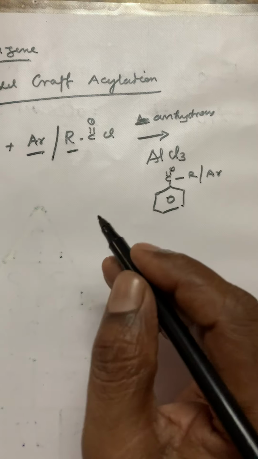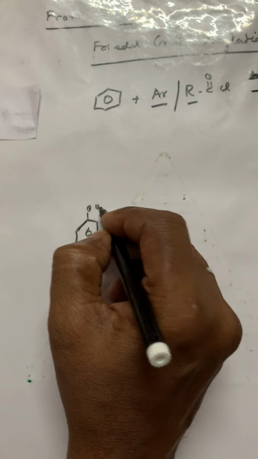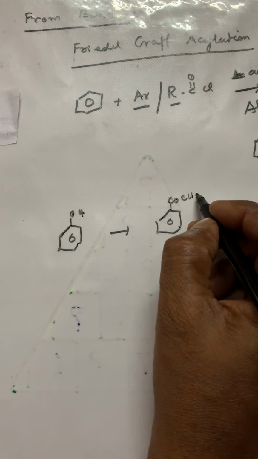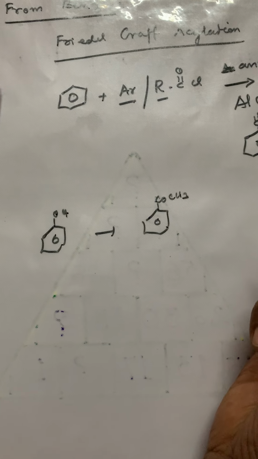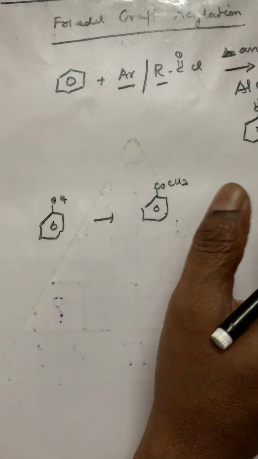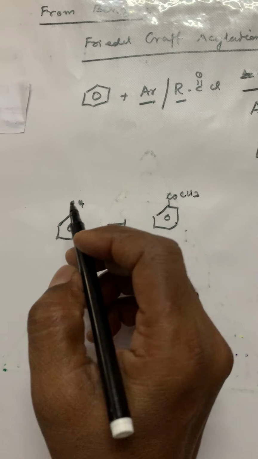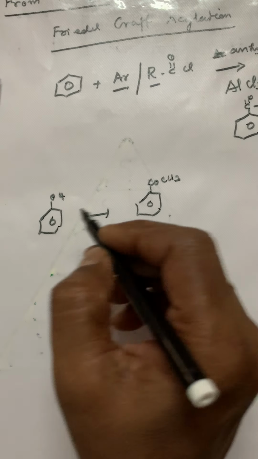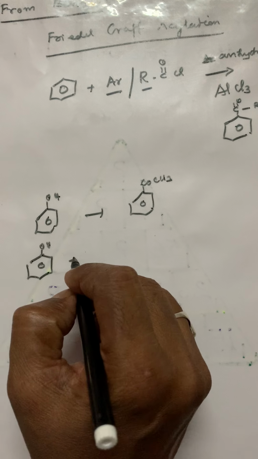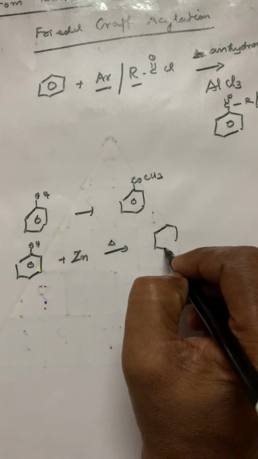How do you convert phenol to acetophenone, COCH3? This is for conversion. This is a very important reaction as well as a name reaction, and they can ask it. How do you convert phenol to acetophenone? First, phenol undergoes reaction with zinc dust and heat. We get benzene.